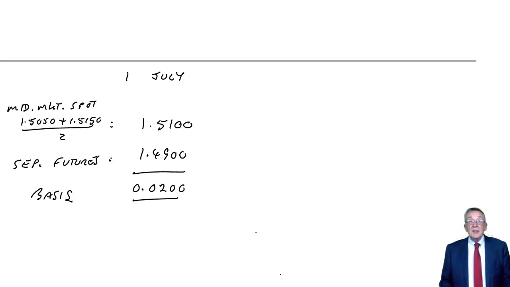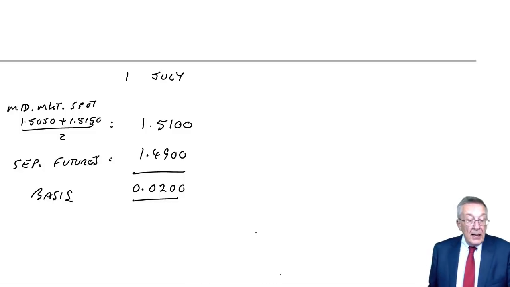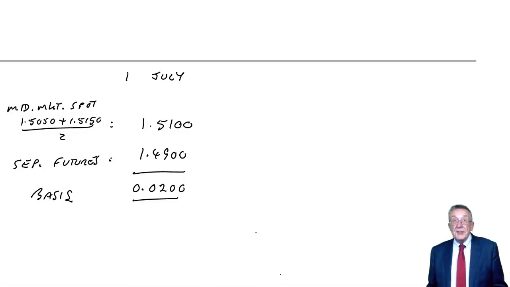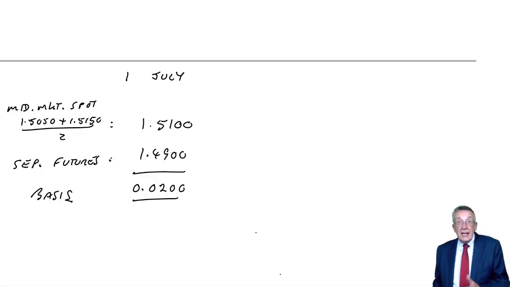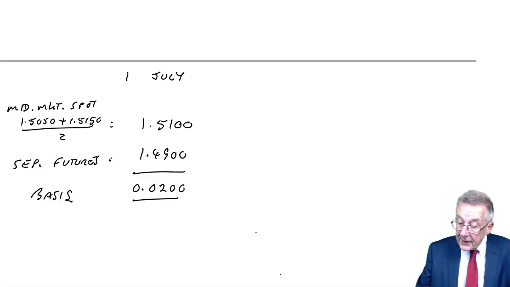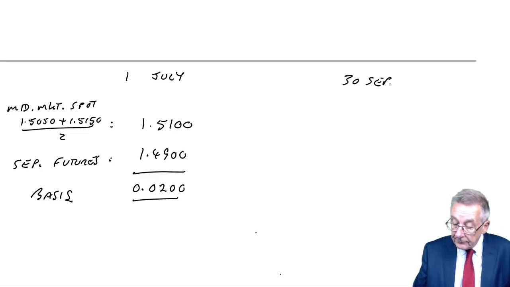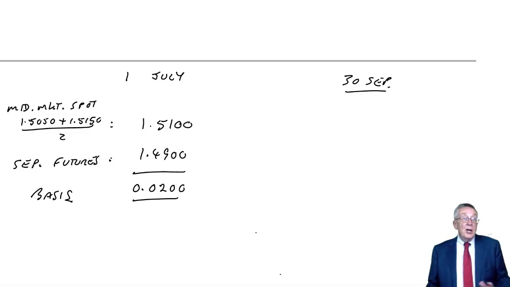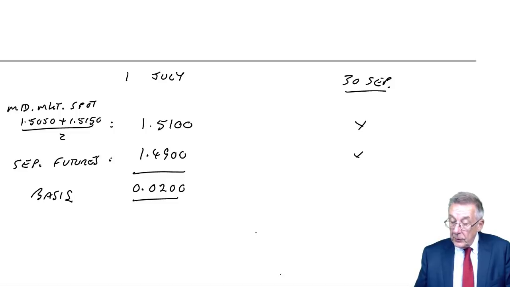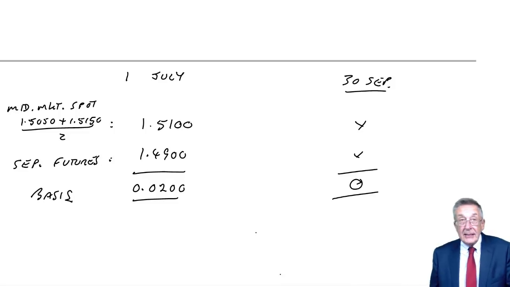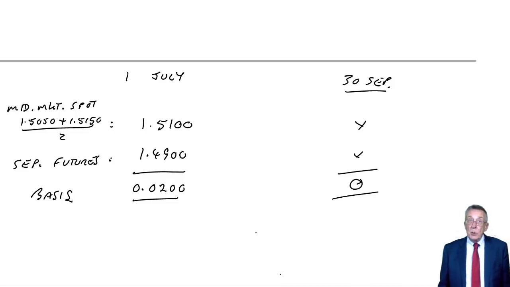Now, I said we assume this basis, the difference, falls to 0 over the life of the future. What I mean by that is that these are September futures. They finish on the last day of September, the 30th of September. Although I've no idea, obviously, what the spot rate or the futures price will be, on that day they must be equal.